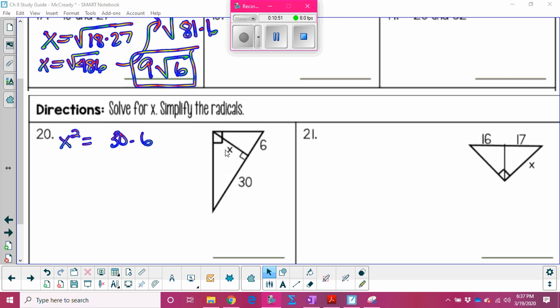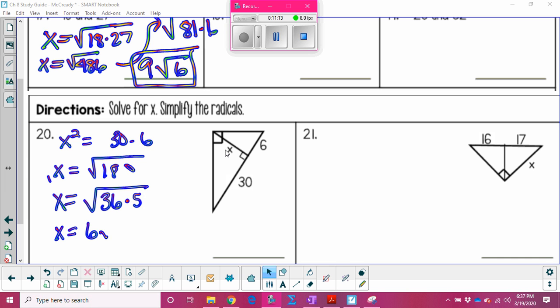Okay, so to solve for x, we're going to have to take the square root of each side. So when we do, we get x equals the square root of 30 times 6, which is 180. All right, I know that 180 can be broken out to 36 times 5, and I can take the square root of 36. It is 6, and bring 6 out and leave 5 under. So your answer is 6 square root 5.